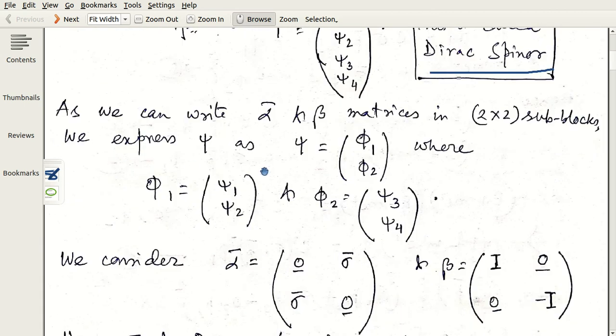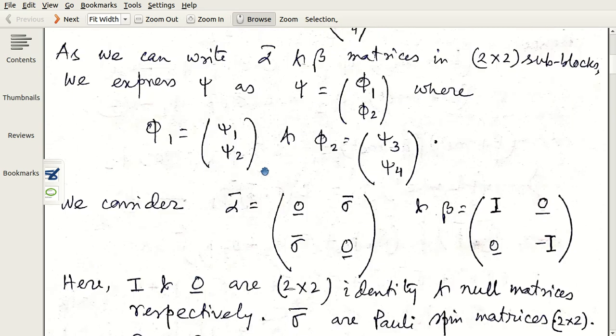We have written the alpha and beta matrices in our previous classes in 4 blocks, and in each block there are 2x2 matrices. These are sigma Pauli spin matrices, identity matrices I and null matrices 0.